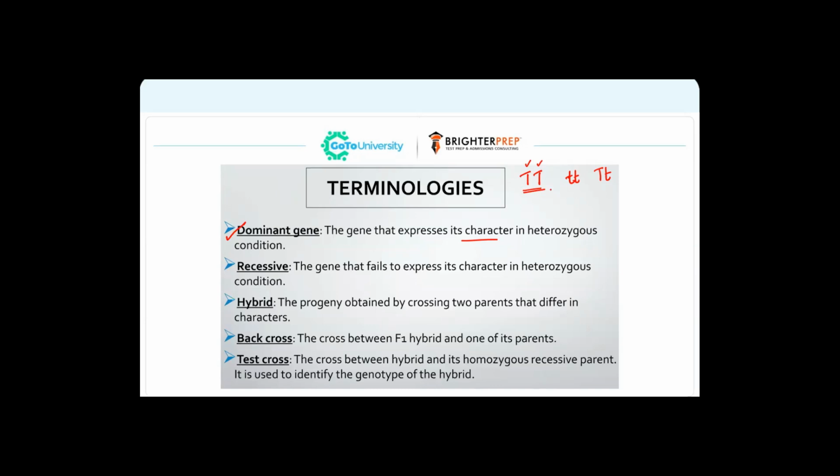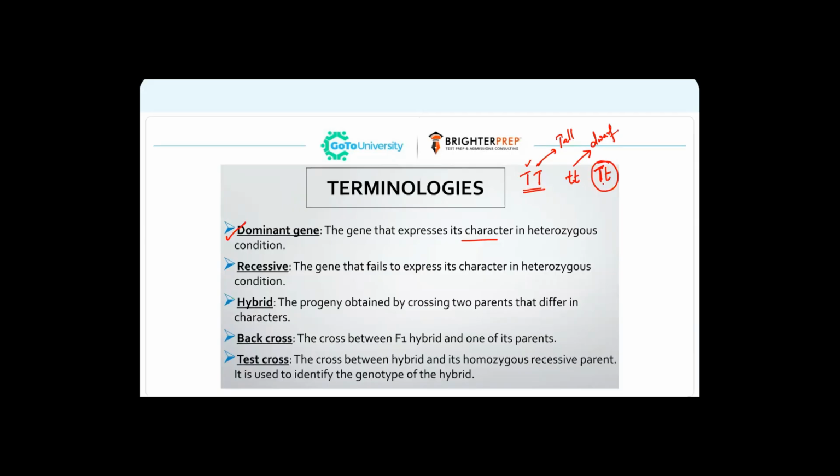Both are similar, so the character will be expressed whatever the allele refers to. For example, if T is referring to the tall character, the plant or the organism will be tall. If small t is referring to the dwarf character, the organism will be dwarf.